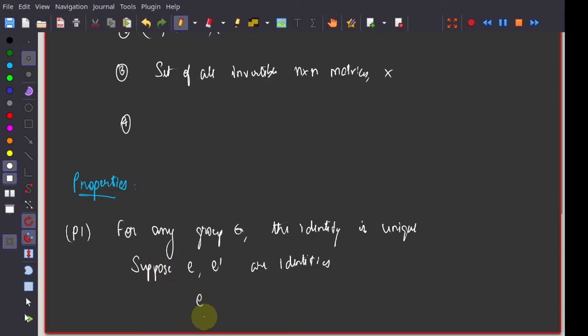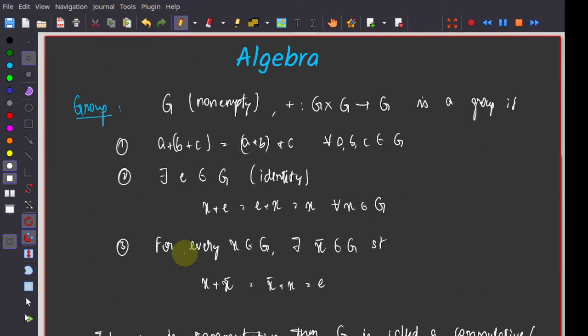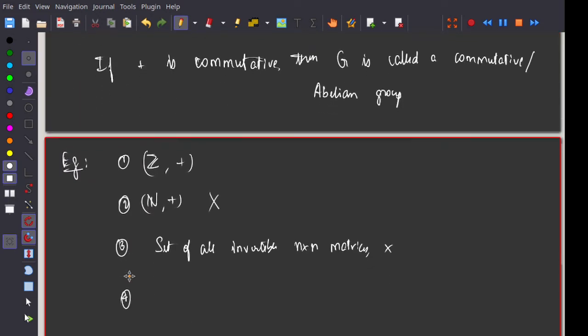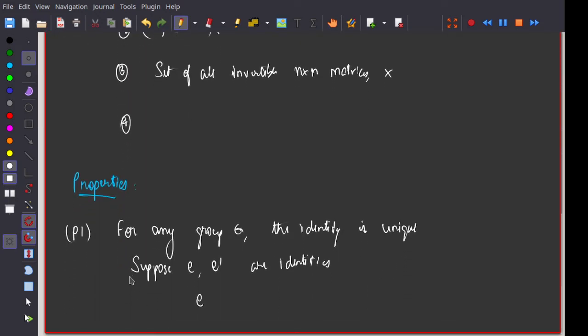I should use only these three properties to come to the conclusion that E is equal to E prime. If E and E prime are identity elements, I want to show that E equals E prime. That will confirm that the identity element is unique. There can't be two distinct identity elements.